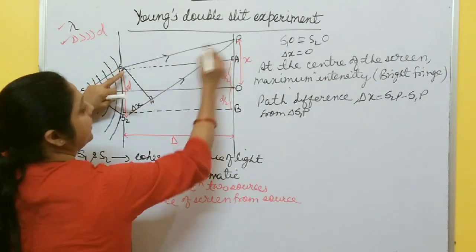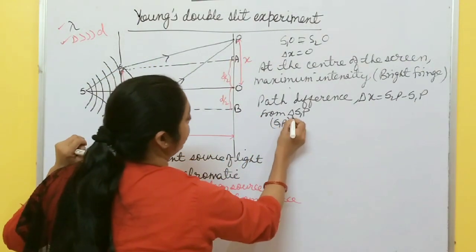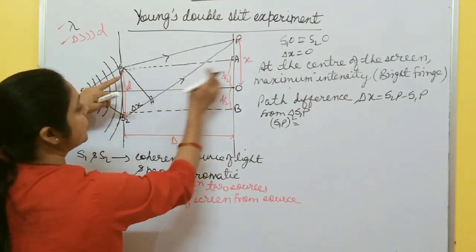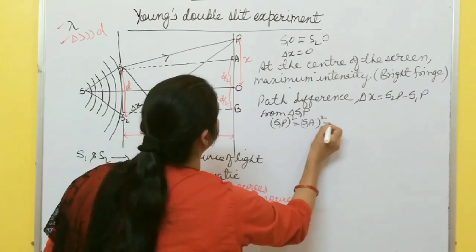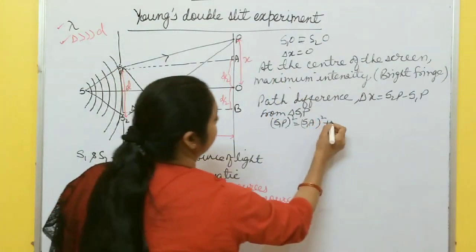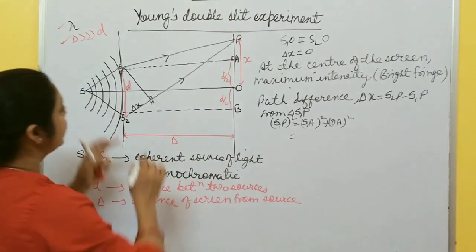this is the hypotenuse. So S1P square equals S1A square plus PA square. Now what is S1A?